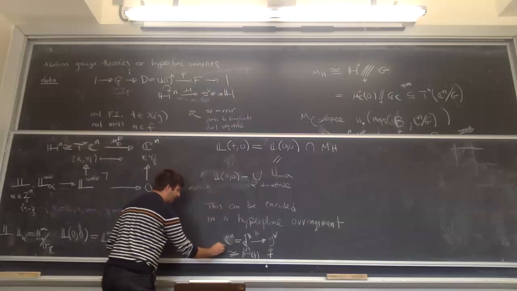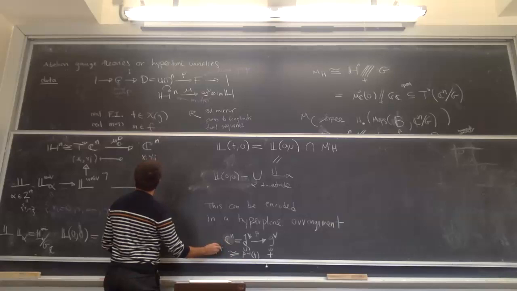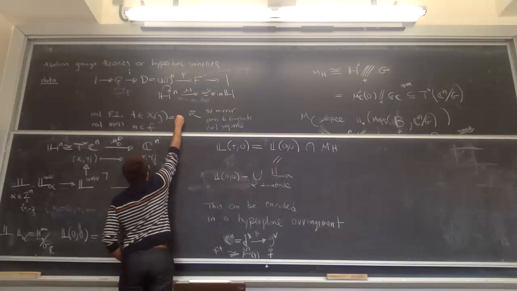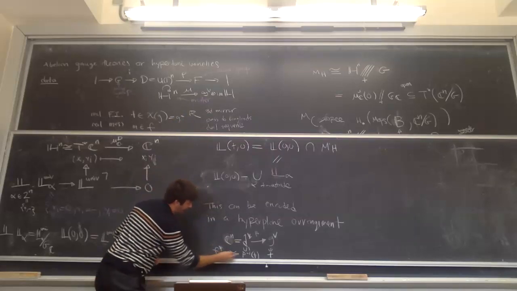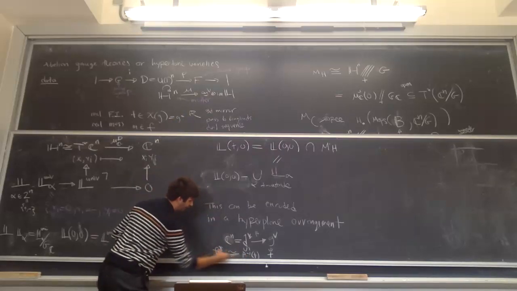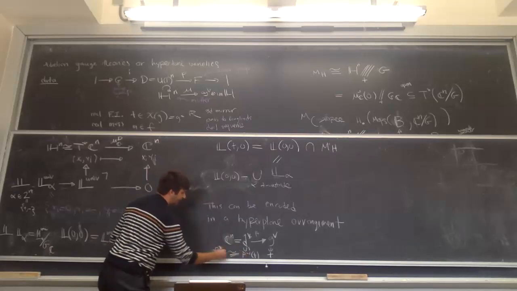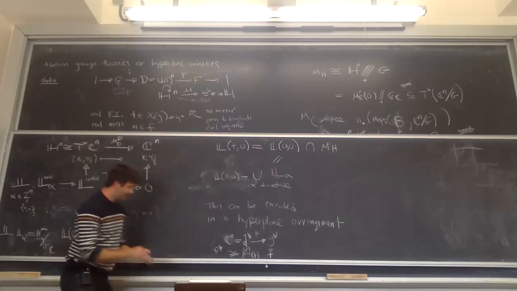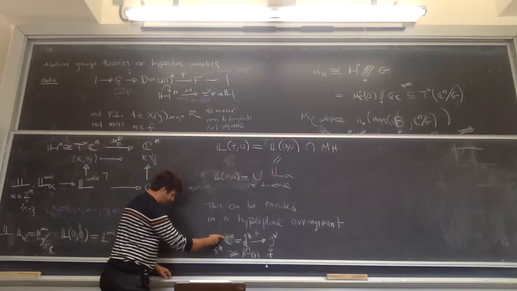If you pick any element in here, then you can take the difference between that element and your fixed element, and that'll give you some isomorphism with this F dual. All right, so the point is that here on C to the n, we have a natural hyperplane arrangement.